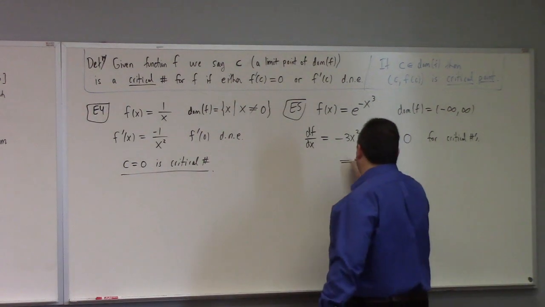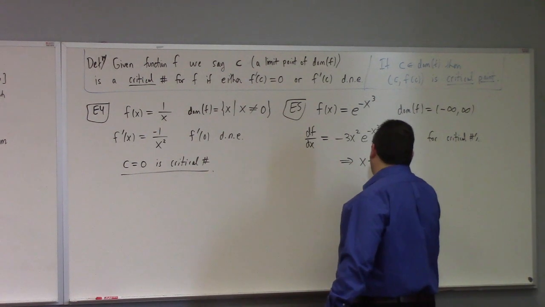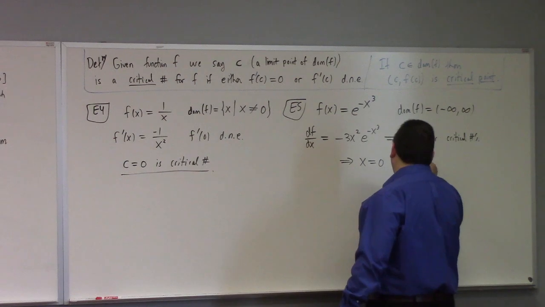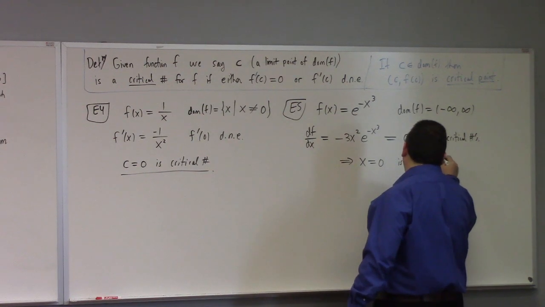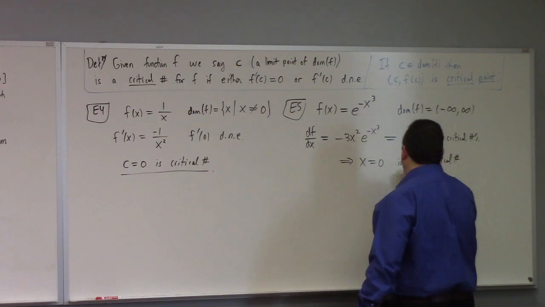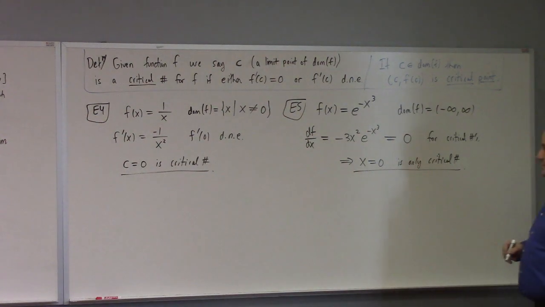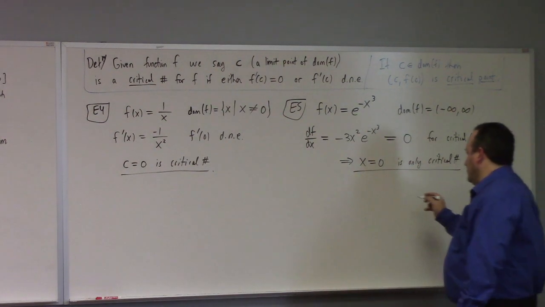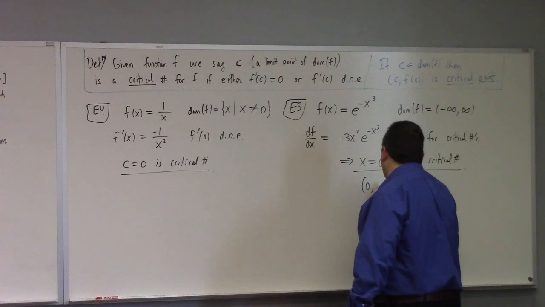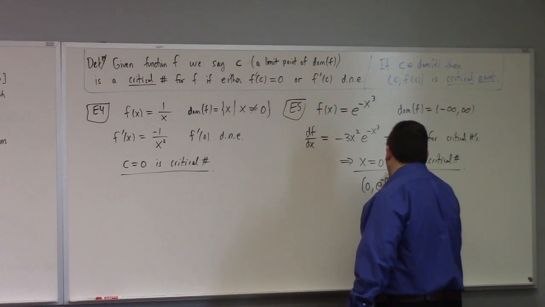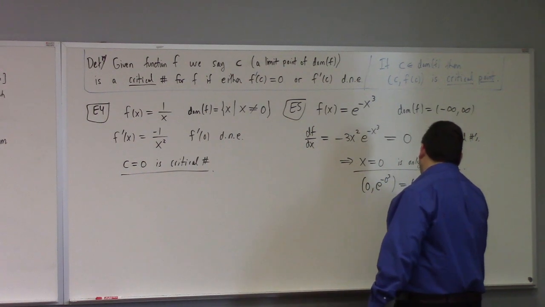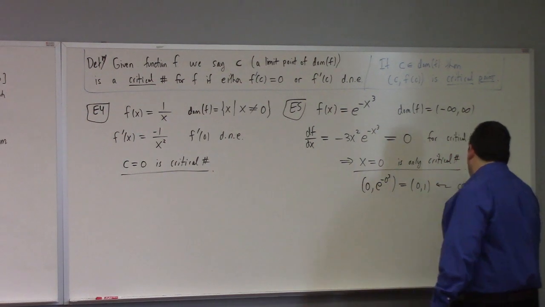So this implies x equals 0 is the only critical number. And in fact, 0 comma e to the minus 0 cubed, also known as 0, 1, is a critical point.